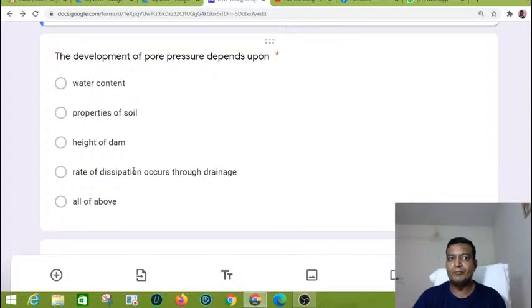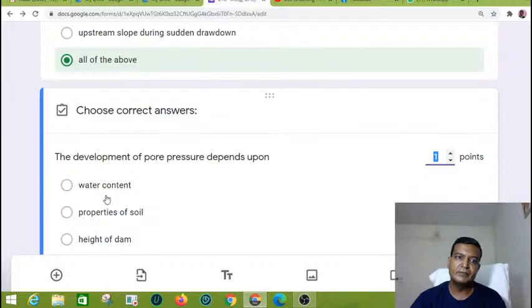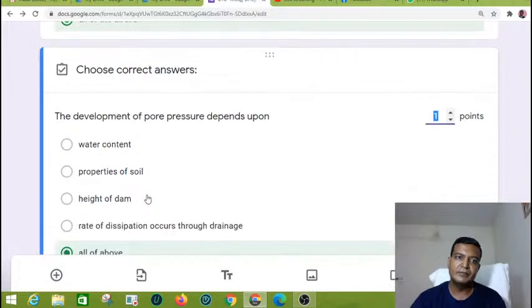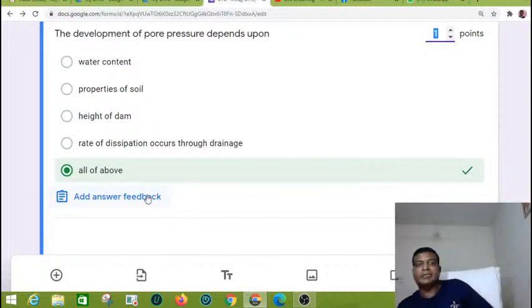Put up your opinion, and the answer is all of the above, because it depends on water content, the property of the soil, the height of the dam, and the rate of dissipation through the drainage.